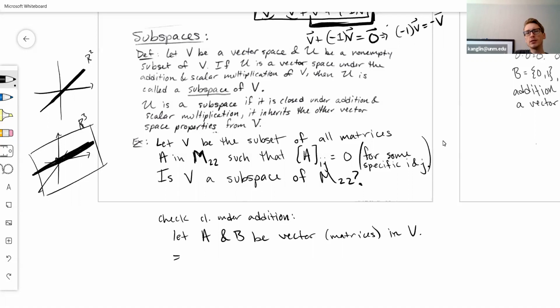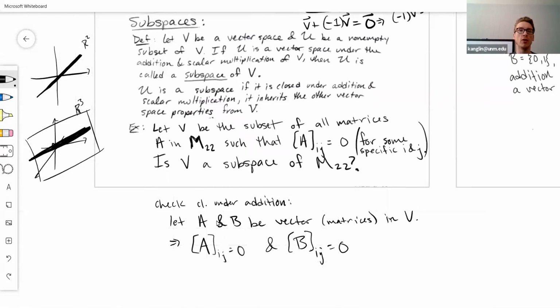All that means is that the ijth element of A is 0 and the ijth element of B is 0. All we want to show is that their sum is also of this form, right? The ijth element of the sum better still be 0 if we're going to claim that this is closed under addition. So what do we have?